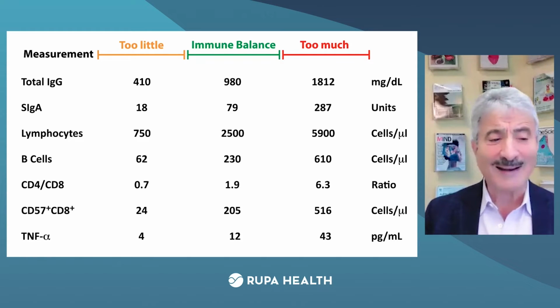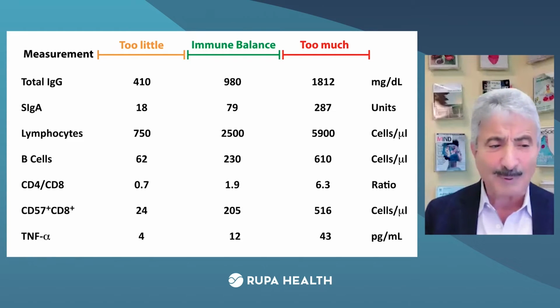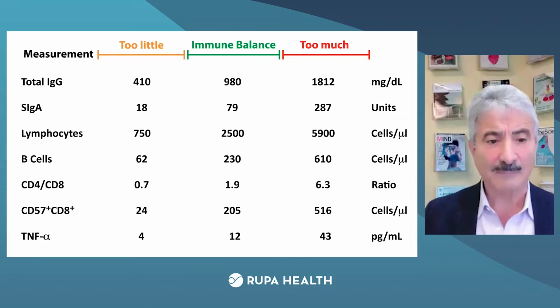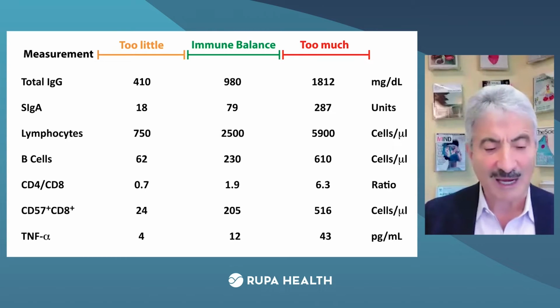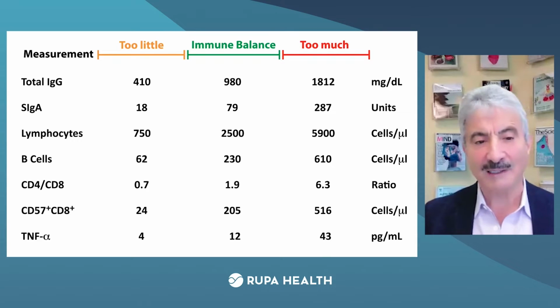And then when we look at cell-mediated immunity, for example, just total lymphocytes, we see a low number of lymphocytes in those with a hypoactive immune system, a low number of B cells, a low CD4 to CD8 ratio, and low natural killer cells.